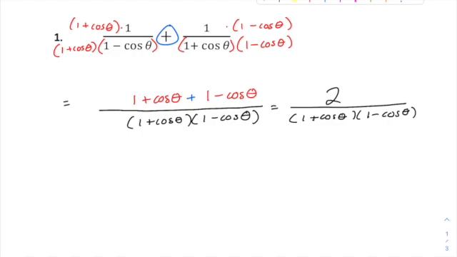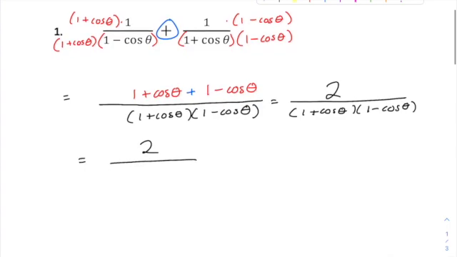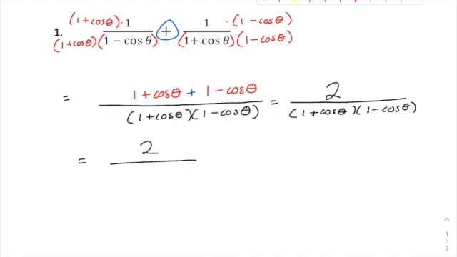Since I'm supposed to be able to simplify this down to a no-fraction kind of expression, this is where I'm going to multiply out those denominators if you haven't done so already. That's just a quick FOIL, or these are actually conjugates of each other, so you're going to get 1 minus cosine squared.